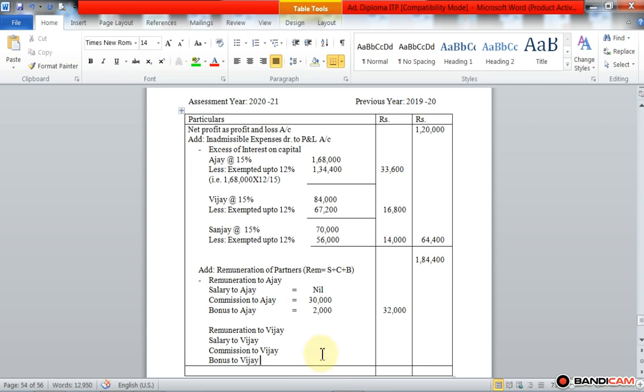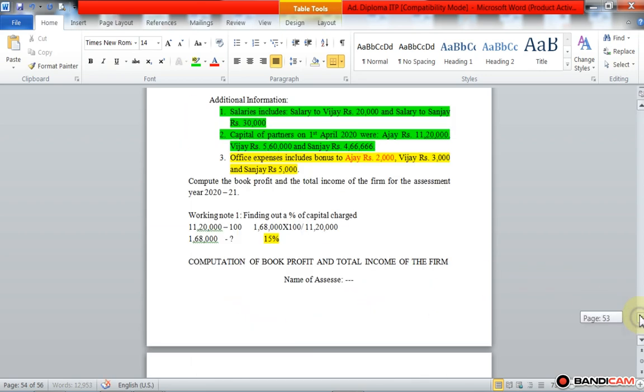Salary is given to Vijay in adjustment number first. Commission is given on the debit side of the profit and loss account, and bonus is given to Vijay in adjustment number third. So add this remuneration of Vijay.